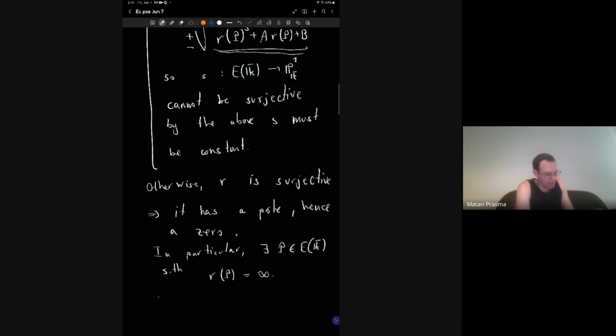In this case, it follows that S of P must be infinity as well, right? This is the defining property of rational maps: if one of the coordinate functions, either R or S, is infinity at some point, then the other one must be infinity.